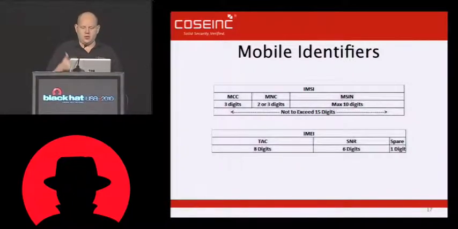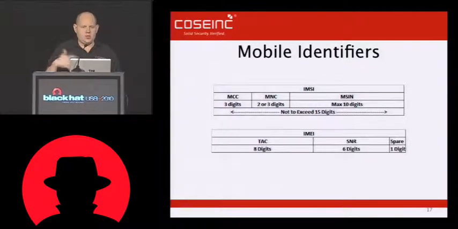So, for example, in the US, I think the mobile country code is 360, and the mobile network code for T-Mobile is 26, right? So, by having those values, I can know that a particular IMSI is from the T-Mobile in America network, or if I'm setting up a spoofing base station.